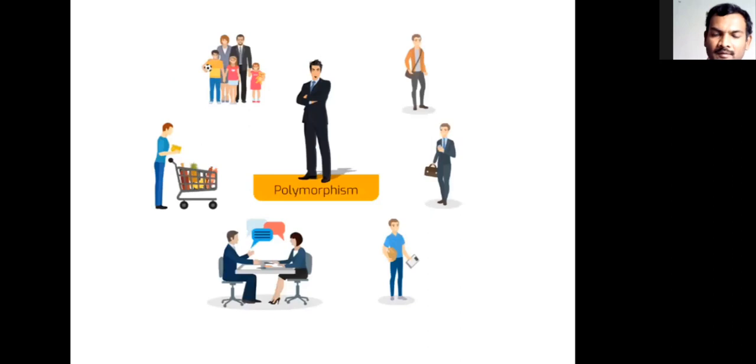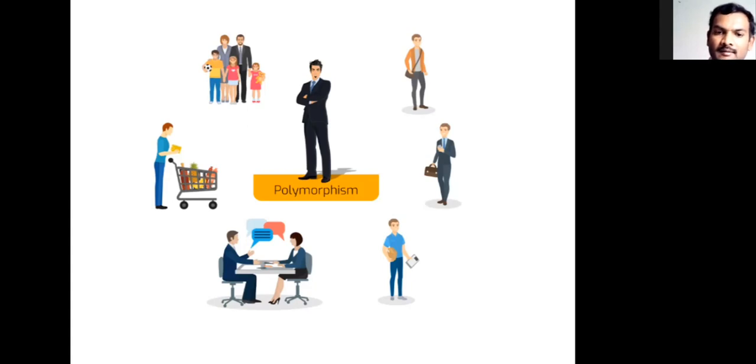And for polymorphism, if you take a real example, a person will be playing different roles in different situations. A person can be playing as an employee in an office, and he will be playing a tutor for a student, and he will be playing a role called father for his children, and the same person becomes son or daughter for their parents, and he becomes the spouse to his spouse.